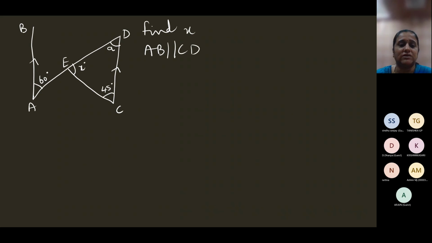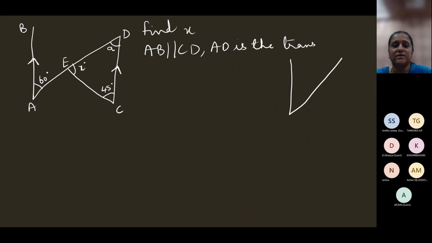These arrows indicate parallel lines. So AB is parallel to CD, and AD is the transversal. This is AB, transversal AD, and again parallel line DC.